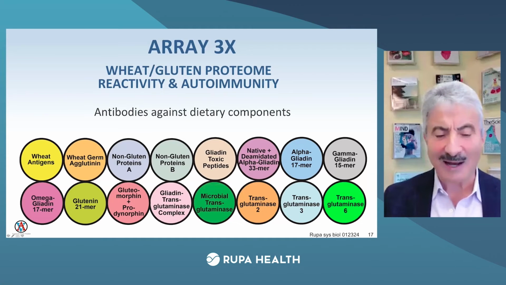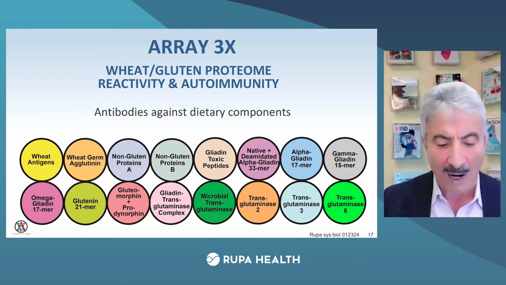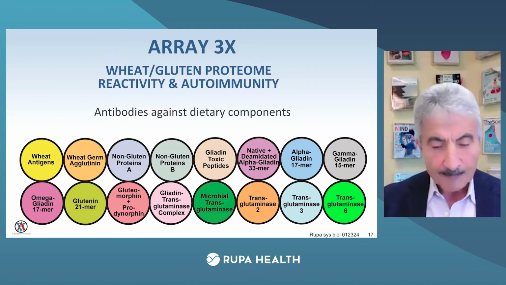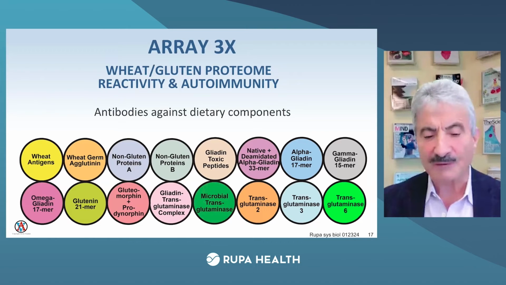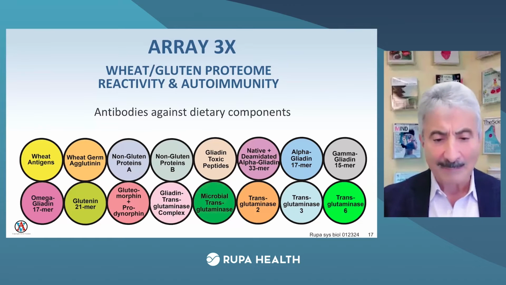The same question I asked: if we have so many transglutaminase enzymes in the gut, why are we measuring antibodies against one? And so I developed this test almost 15 years ago, patented by myself and Cyrex Laboratories.